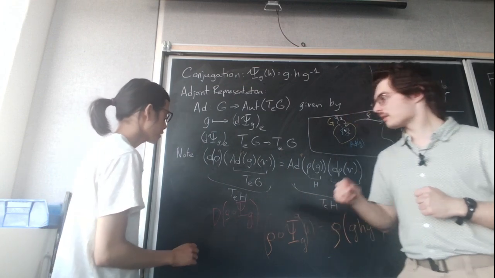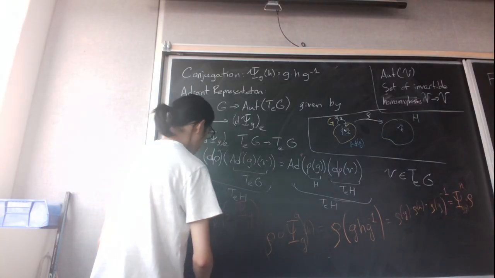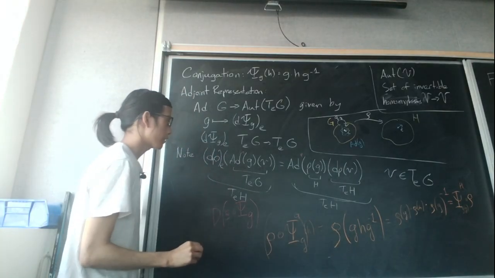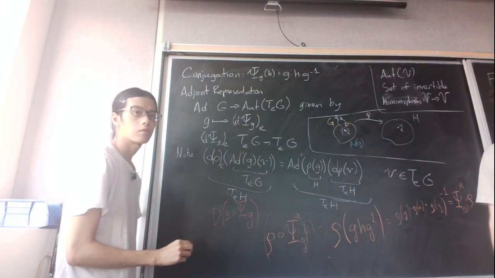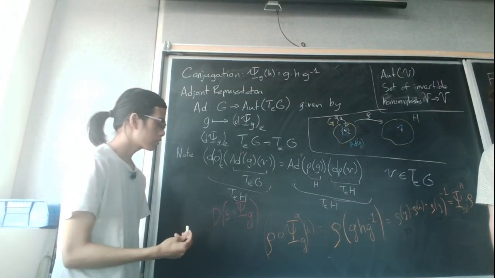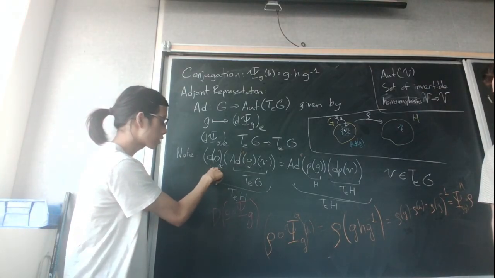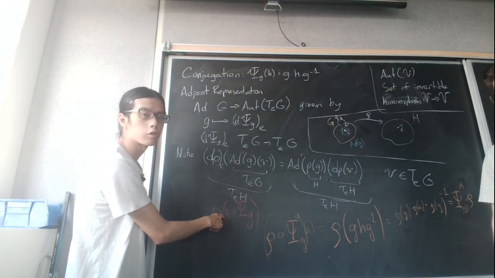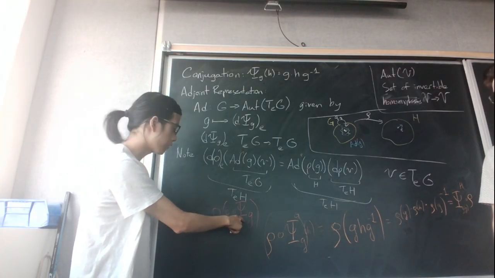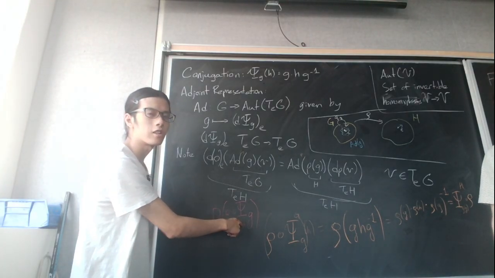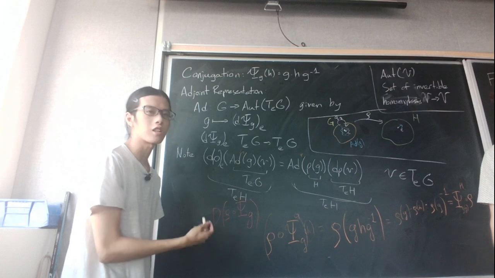I think importantly, maybe I should have written d rho at the identity. So when you take this first thing, it's taking the differential of rho and then evaluating on conjugation by G applied to the identity, which is just the identity again.